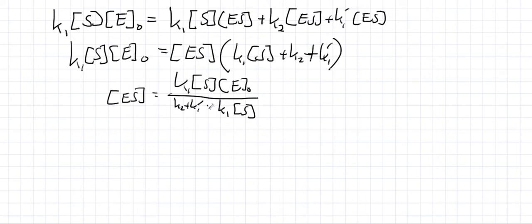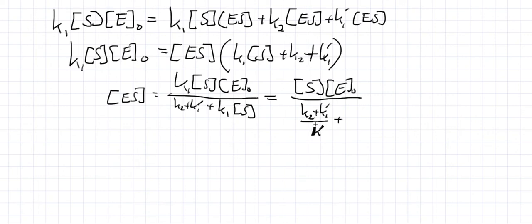Now since we've got K1 in one place, let's go ahead and divide the top and bottom by K1, and we get substrate times total enzyme concentration over a collection of constants, K2 plus K1 prime, all over K1, plus concentration of substrate. And all that's equal to enzyme substrate complex concentration.